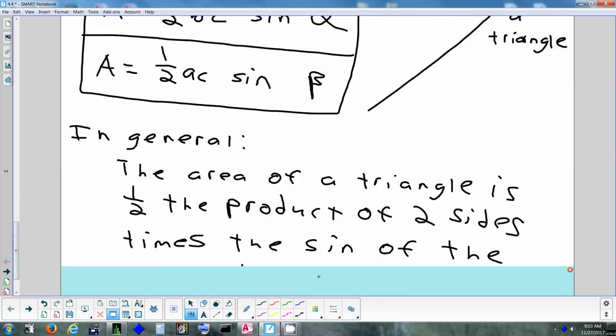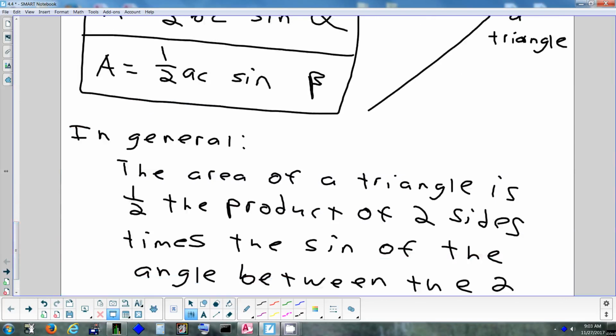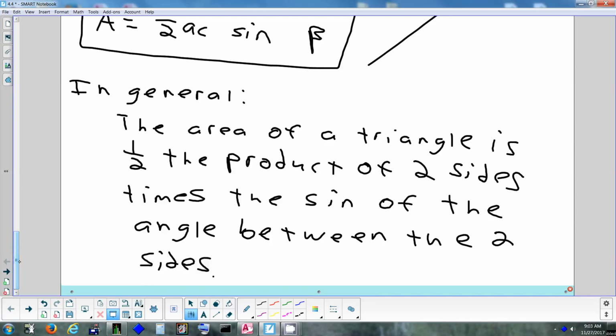So in general, the formula, if you wanted to summarize all of those, it's 1/2 the product of the two sides times the sine of the angle between the two sides. Okay, so 1/2 the product of two sides, any two you want, times the sine of the angle that's between the two sides you picked.